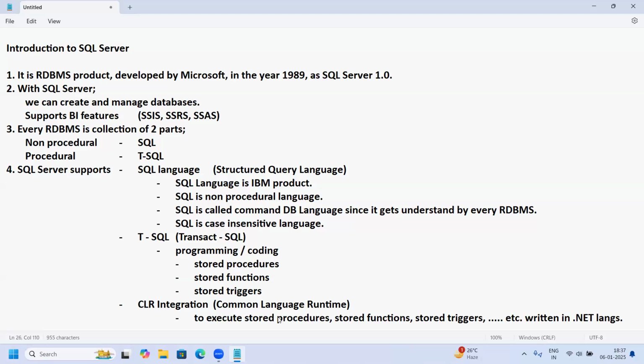Microsoft has made this CLR integration available in SQL Server, and by default, they made it disabled. Whoever wants to use CLR integration, enable it, use it, disable it.